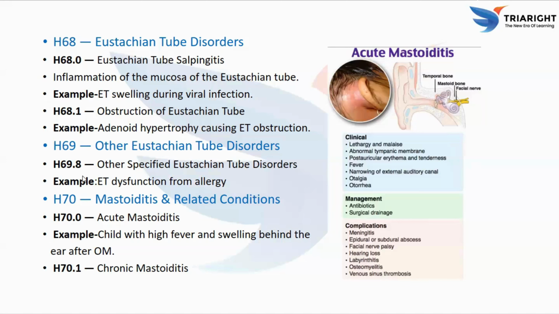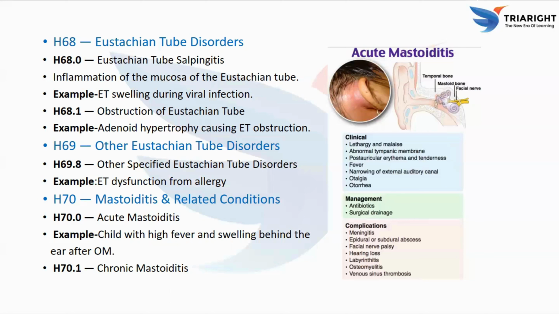So next is H70. So this is about mastoiditis and also the related conditions. The mastoid bone contains air cells that connect with the middle ear. So when the infection spreads from the middle ear, mastoiditis can develop. So what are the subcodes? H70.0 for acute mastoiditis, whereas H70.1 for chronic mastoiditis. Acute mastoiditis is a serious complication of untreated or severe otitis media.